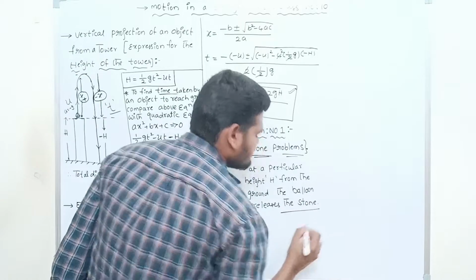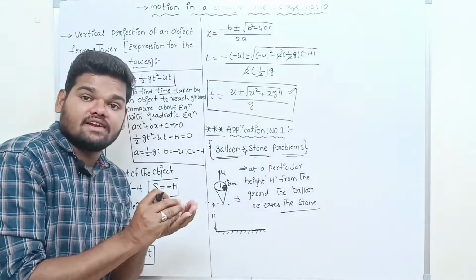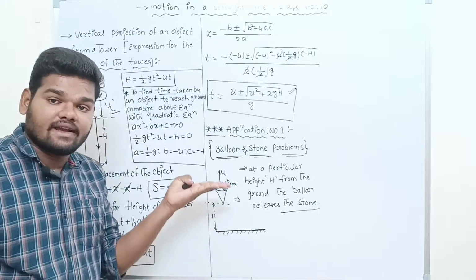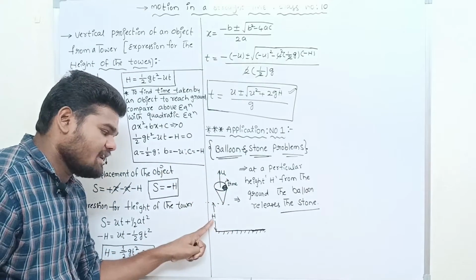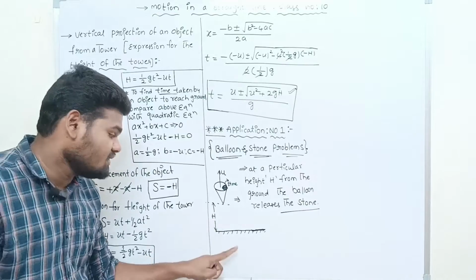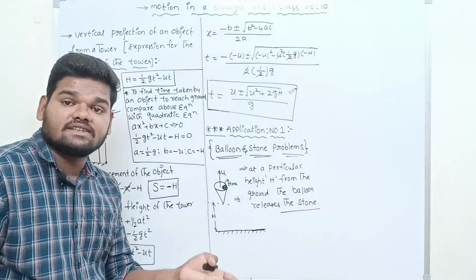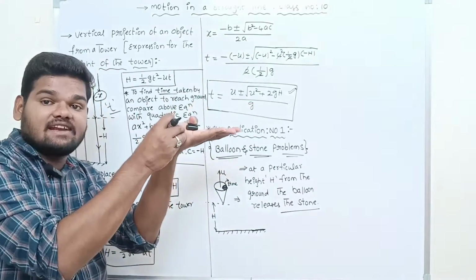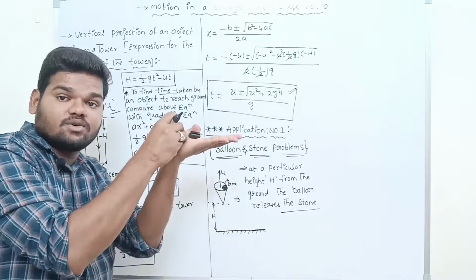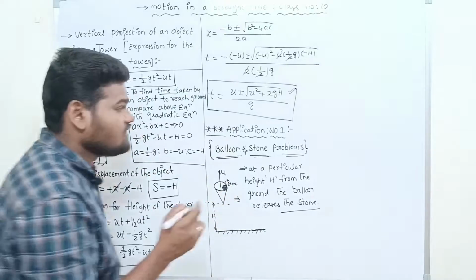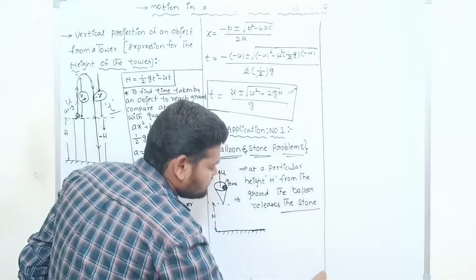So the balloon and the stone together are moving in an upward direction at a particular height h from the ground. The balloon, what happened? Releases the stone. What is the velocity of the balloon? U, and it releases the stone at a height h from the ground. Have a look what happened in this condition.